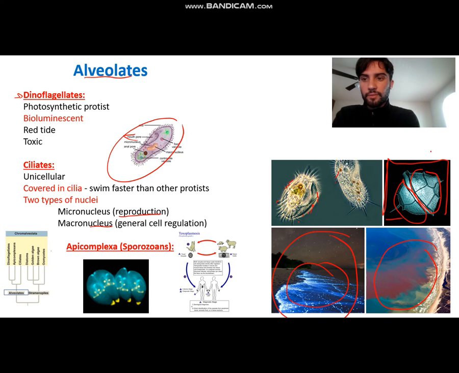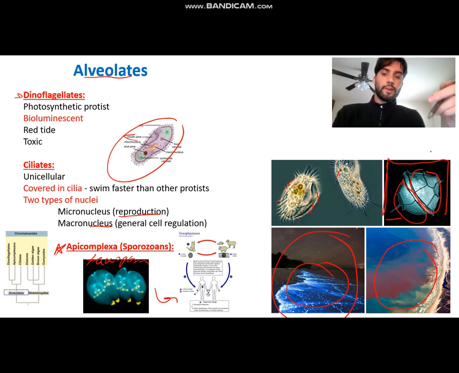And under alveolates, we have apicomplexa, sporozoans, which includes Toxoplasma gondii, which is responsible for toxoplasmosis, a disease that is transferred by cats and rats.